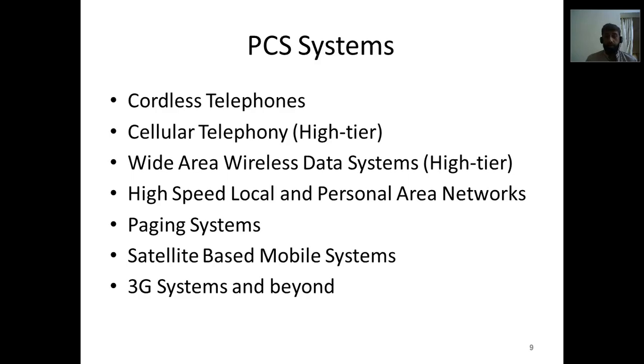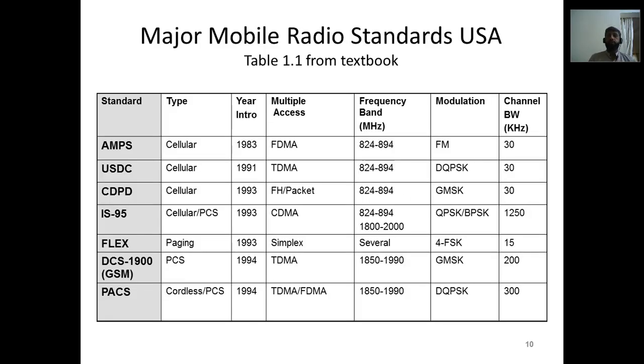We can use these PCS services as local and personal area networks. Paging systems is another example of PCS systems. Satellite based mobile systems are also PCS systems which provide connectivity for personnel with some mobility. 3G wireless systems and beyond, they also provide different options to the PCS system and integrating all the services that are commonly intended for such users.